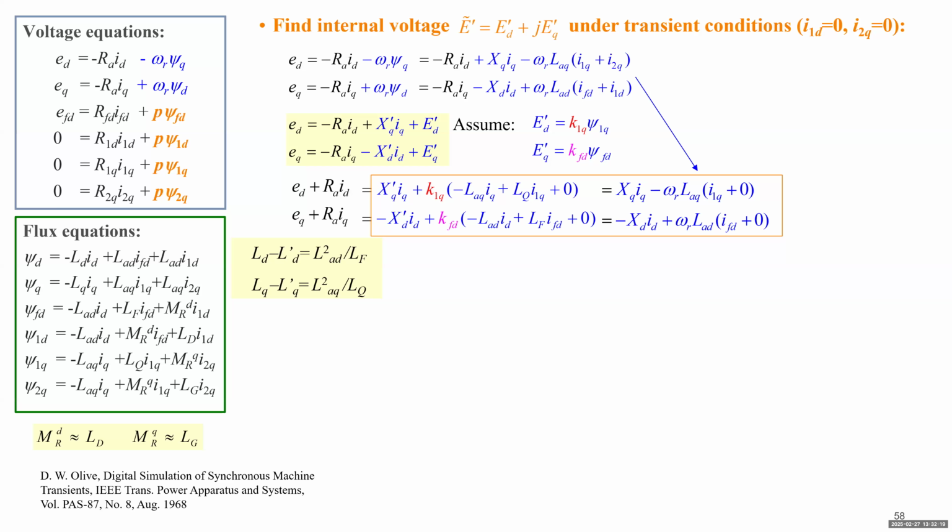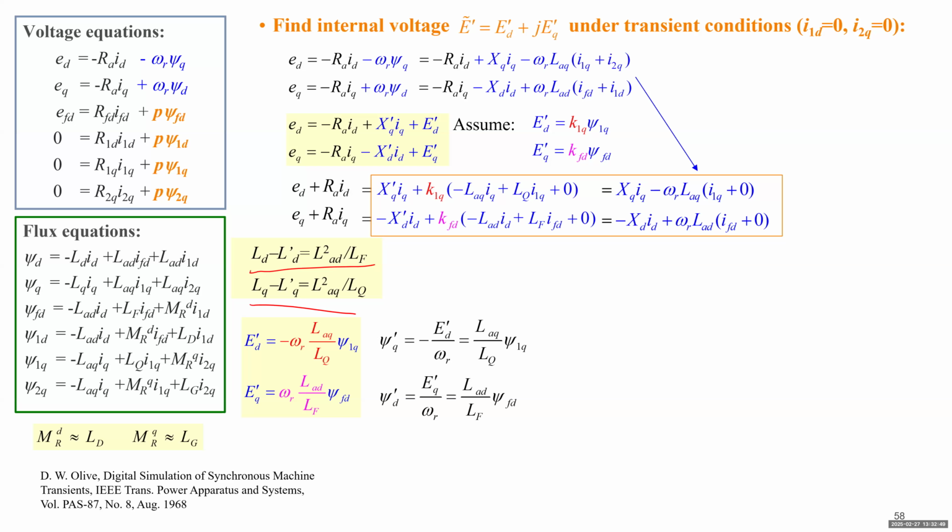And similarly, we can utilize those two equations to help us simplify the answer. So this will be basically just the solution. When you solve the two equations in the box about the K1Q and the KFD, the right part will be the K1Q and the pink part will be the KFD.